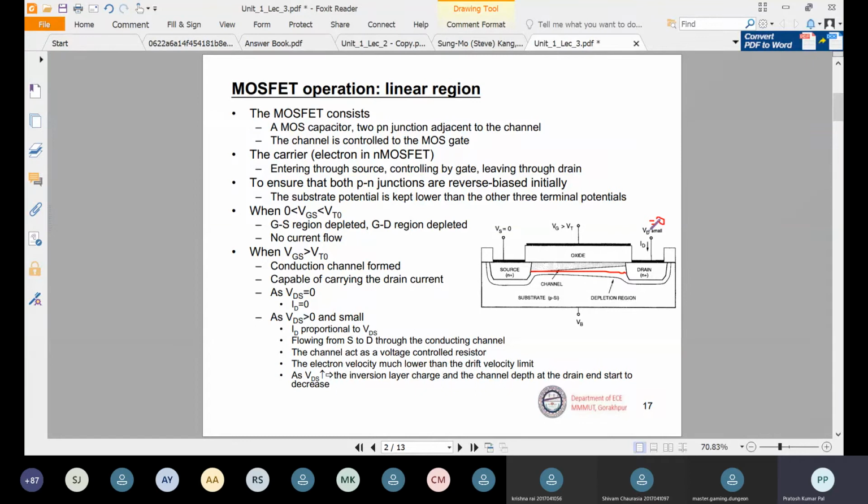Okay, but if we have the drain voltage larger than 0, increasing in the positive direction, and we keep on increasing, the channel will be shifting towards the drain and the oxide interface region. Okay, so it will become tapered. This is called tapered channel region.